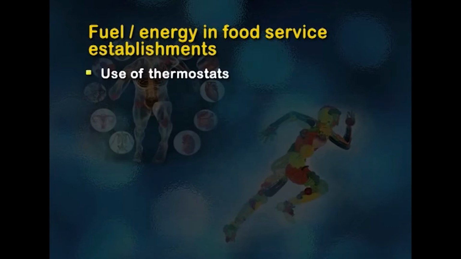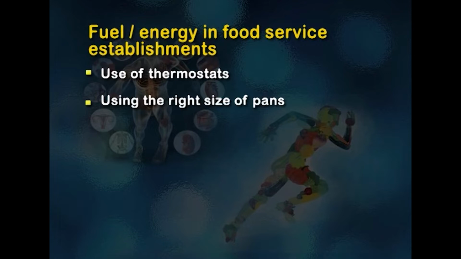Using thermostats to control temperatures so that higher than necessary temperatures are not used for cooking, holding or for storing foods. Using the right size of pans for the quantities that are being prepared so that fuel is not wasted in heating up larger vessels. This too will help in fuel conservation.